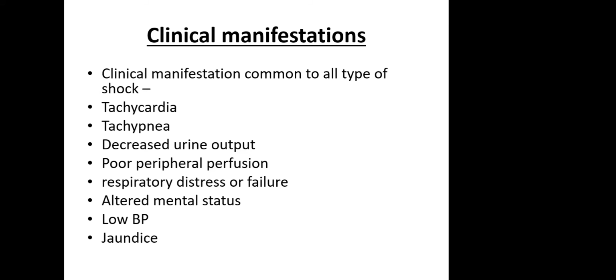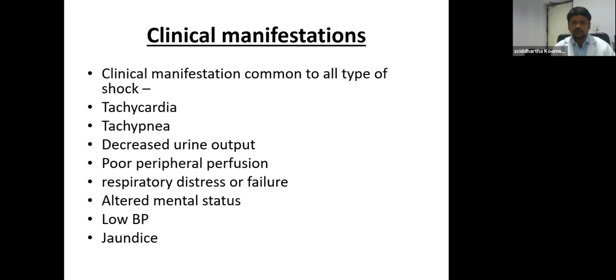Low blood pressure: the patient of shock may or may not have hypotension. Low BP is not actually required to classify a patient into shock. Jaundice shows that the patient is having multi-organ dysfunction and the liver is also involved, due to congestive hepatomegaly.